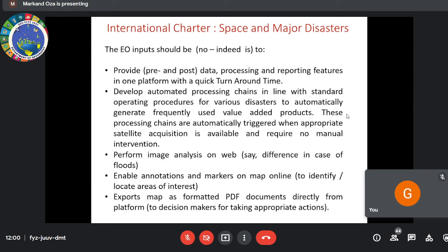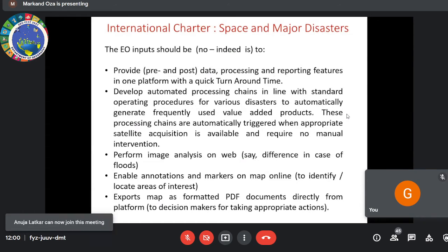Another is floods. Now, floods is a very routine phenomenon, and it affects human lives as well as comfort and causes loss of natural resources. So, in such cases, there is an international charter called Space and Major Disasters.